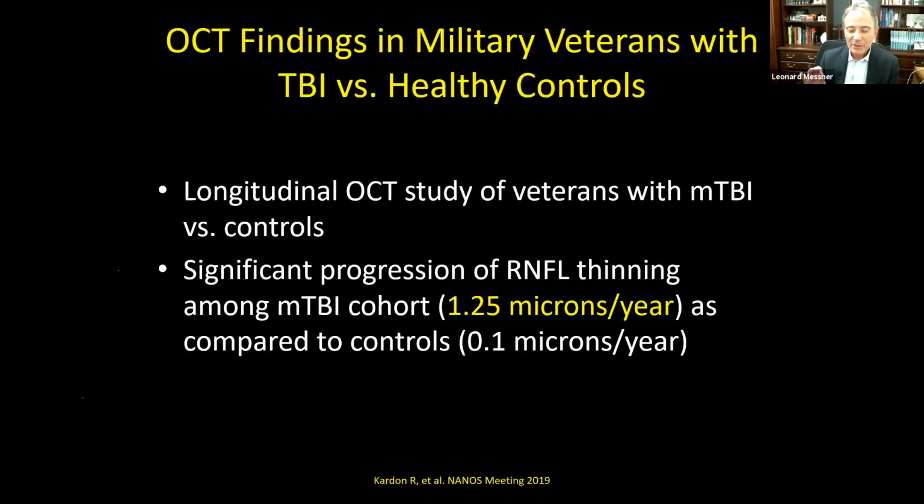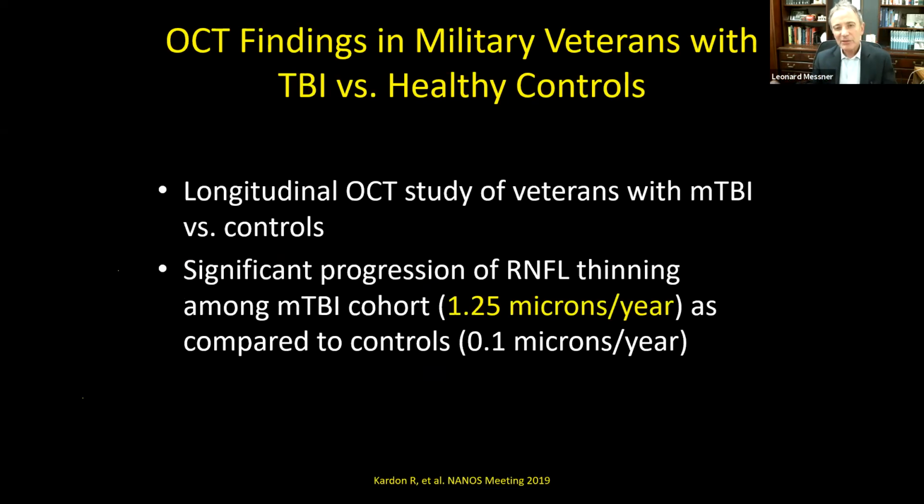But I think one of the most compelling studies, and this is data that was presented by Dr. Randy Carden at the annual meeting of the North American Neuro-Ophthalmologic Society in 2019, was a longitudinal study of veterans looking at individuals with a history of traumatic brain injury due to blast injuries versus controls.